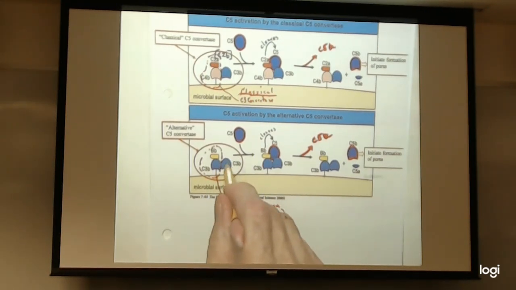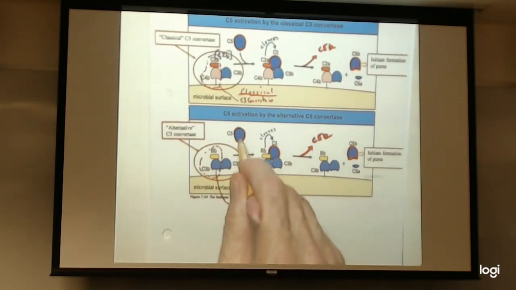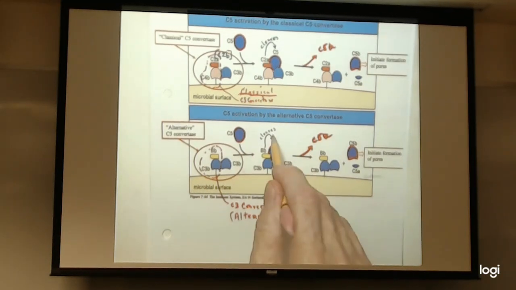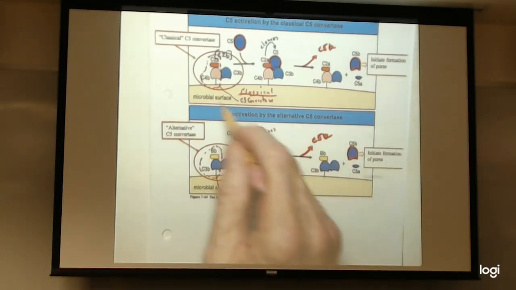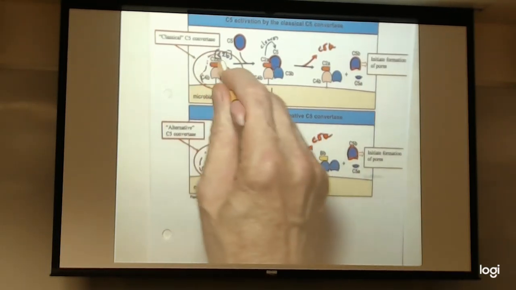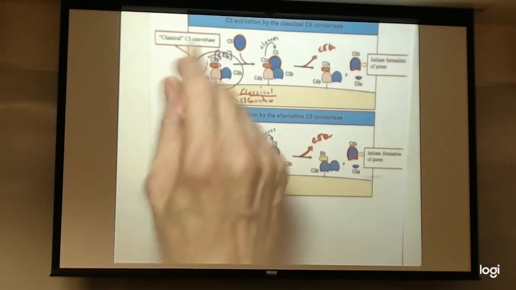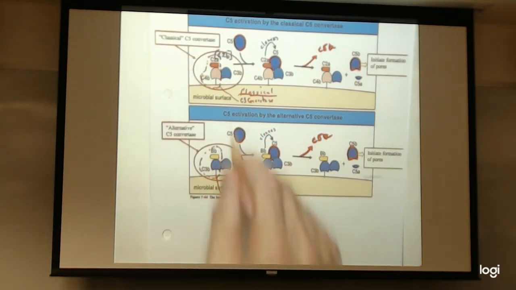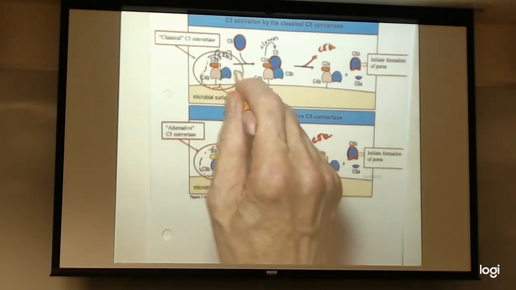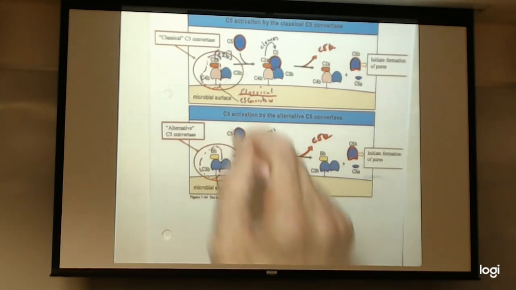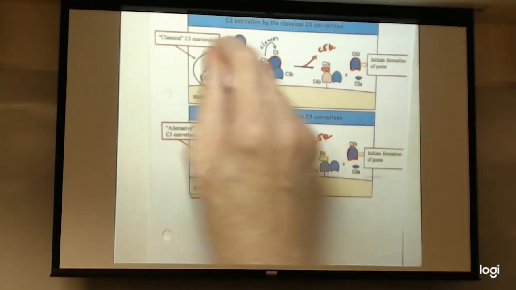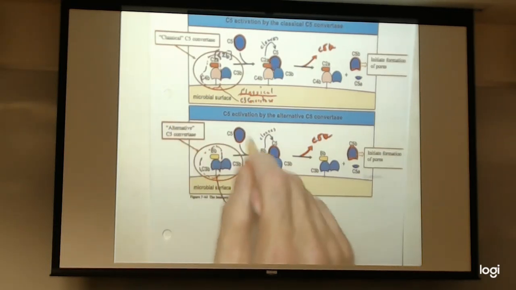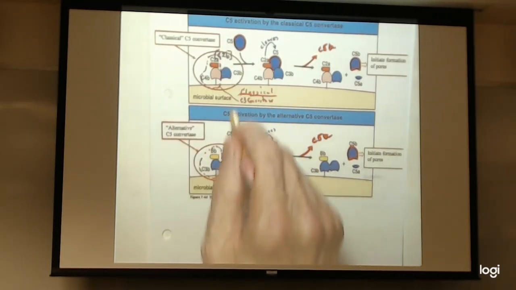Now again, this can grab C5 and cleave C5 to a big C5 piece and a small C5 piece. So just like we have classical and alternative C3 convertases, they can both react with the product C3b in a different way, sort of binding, to become classical C5 convertase or alternative C5 convertase, which will cleave C5.